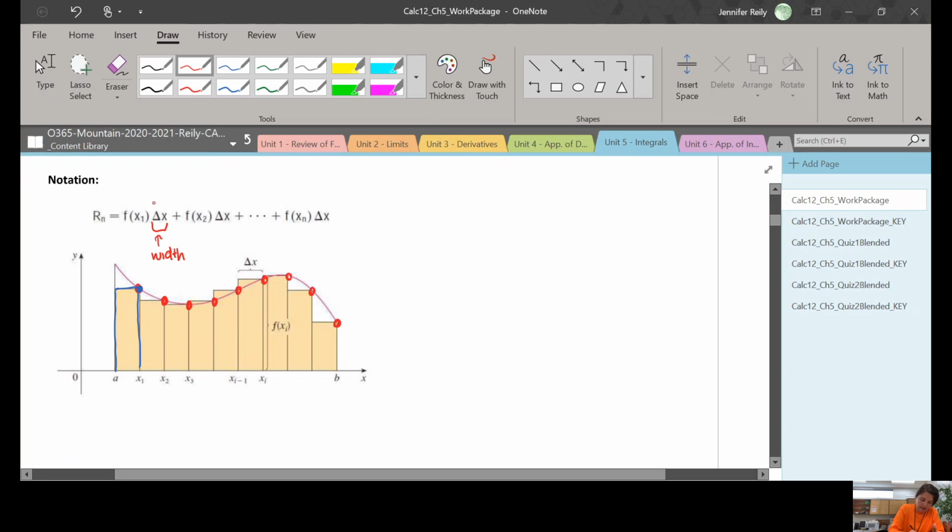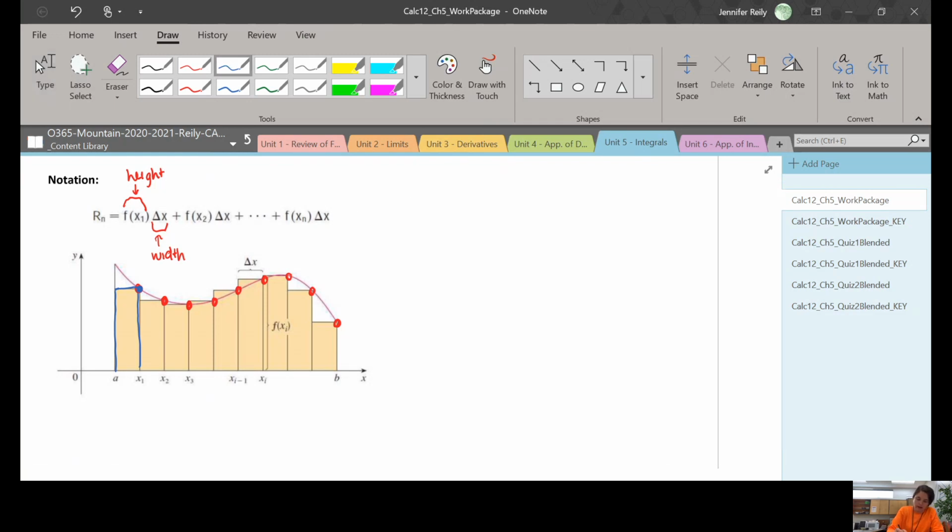And f at x1, f at x2, f at x3, f all the way to f of xn, that's always the height of each rectangle, right? So, or length. So length times width, right, is the area of a rectangle. So you have first rectangle, second rectangle, third rectangle, all the way to the last one.